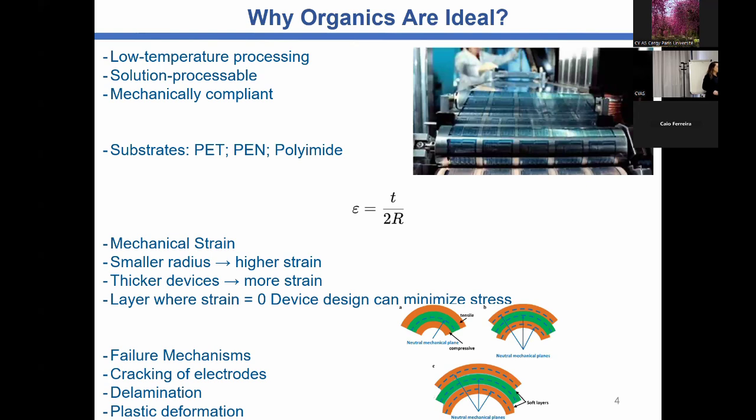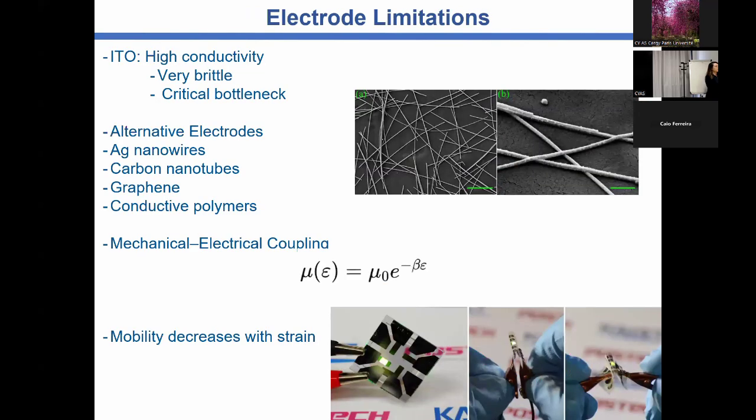Also, organics have plastic deformation that comes from more flexibility with temperature. Depending on the application you also have different stabilities, as we will discuss later, but in terms of mechanical flexibility, organics are the most important material.